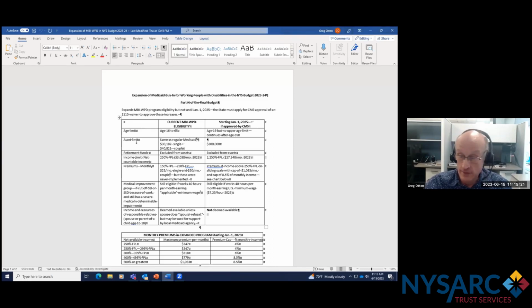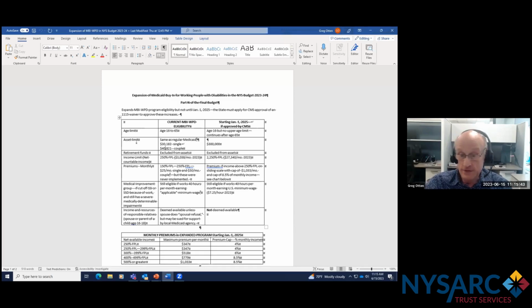The resource limit will go to 300,000. The income limit will go to 2,250% of the federal guidelines. This is serious stuff. That's $27,340 a month for a single person.